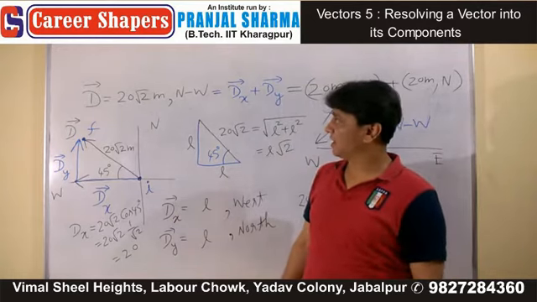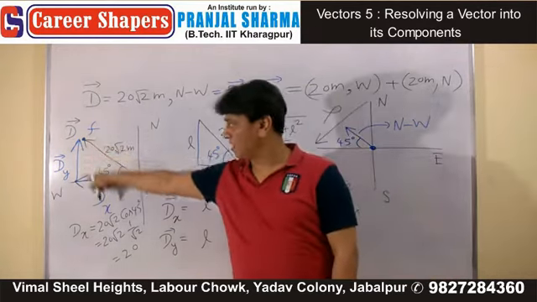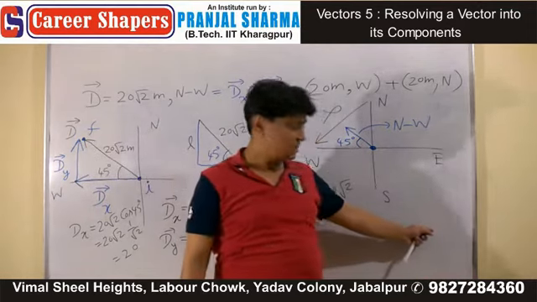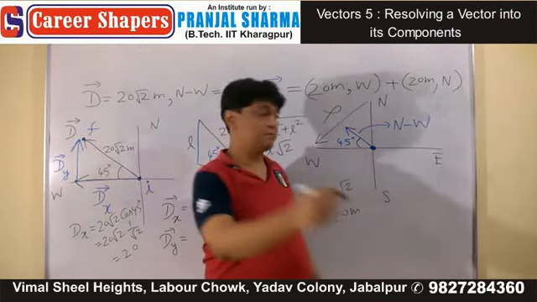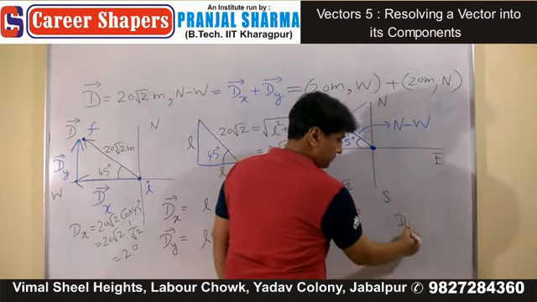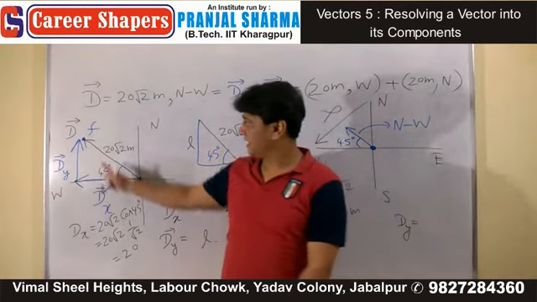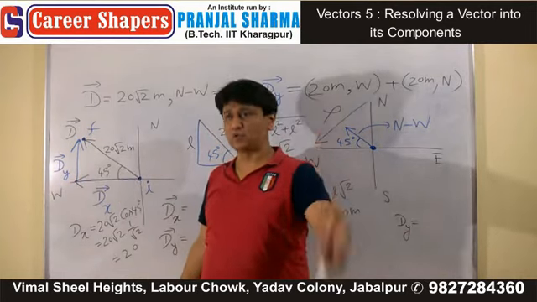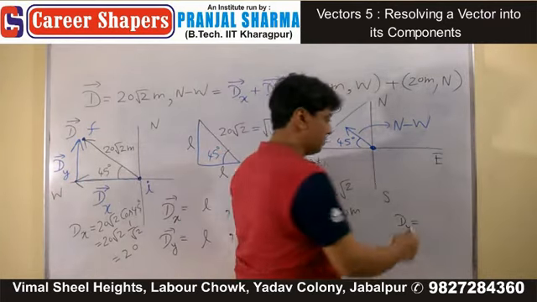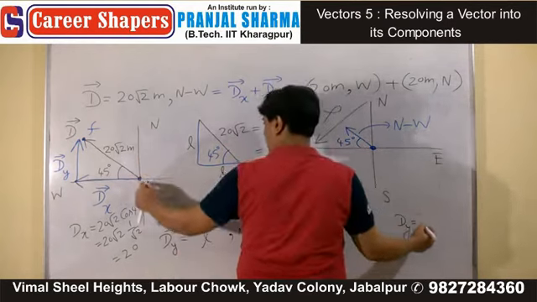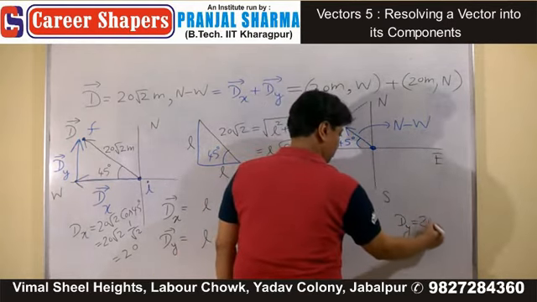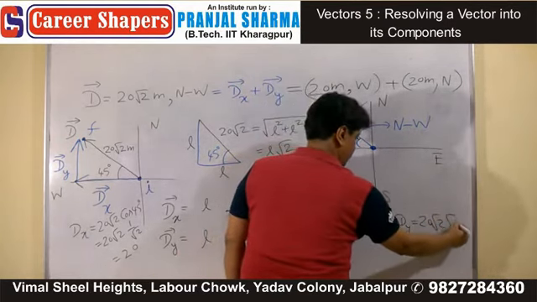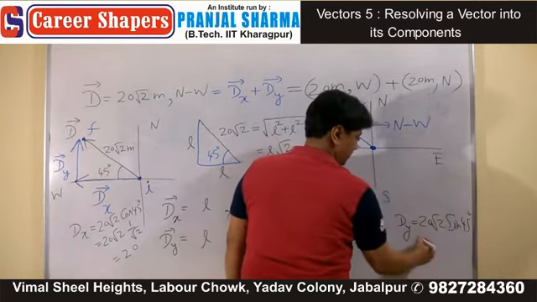Similarly, if somebody needs dy, then dy is opposite to the angle, and therefore it represents the perpendicular. Perpendicular means length of the main vector 20 root 2 multiplied by sine 45.